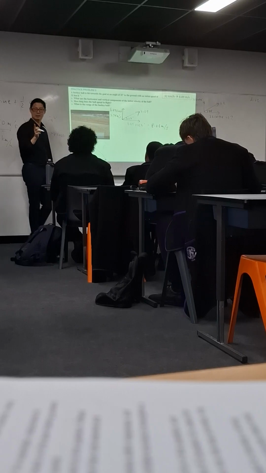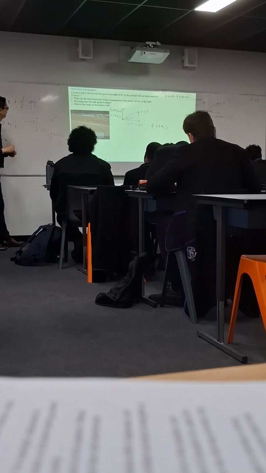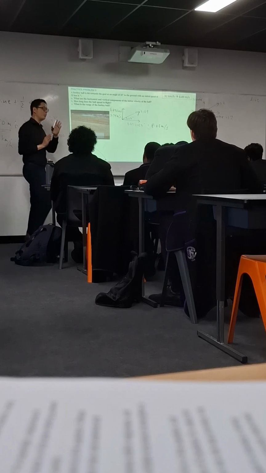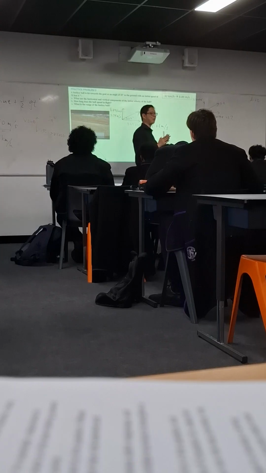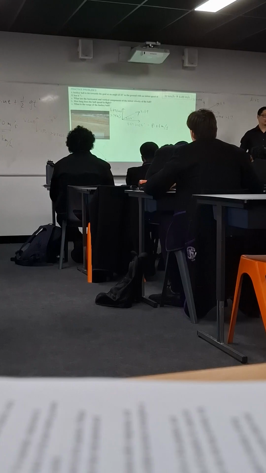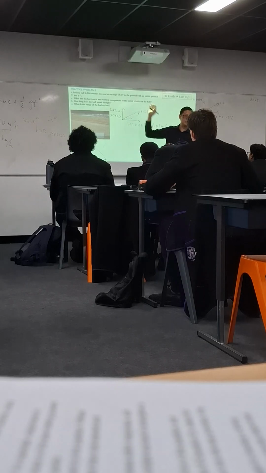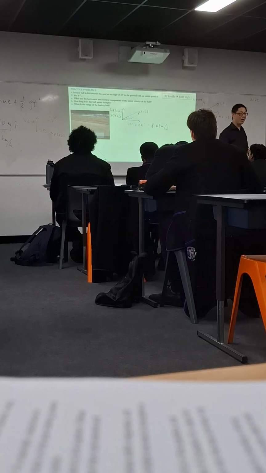You get it? This one should be easy. Now, which component should you be using to find the flight time in this context? Which clue should I get? Should I use the horizontal or the vertical to find the entire flight time?